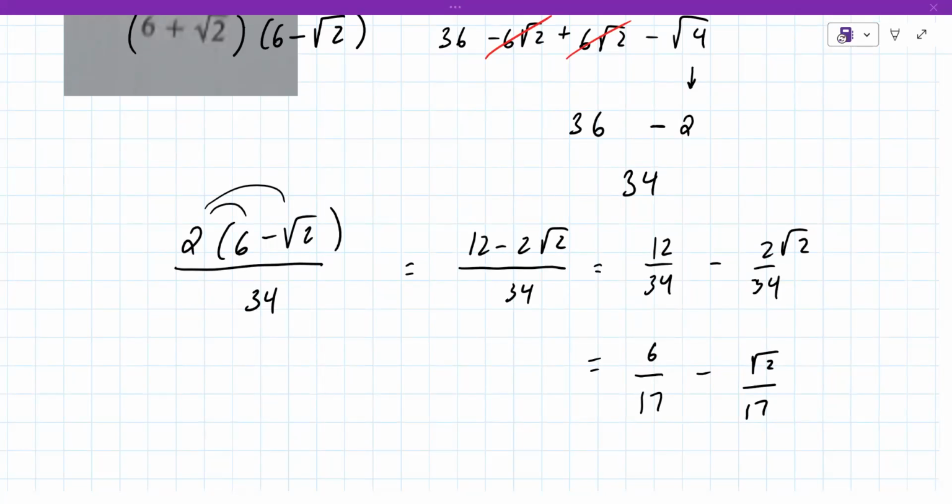Okay. So yeah, we divide those. But that was 2. Yeah. Okay. Good. Making sure I have everything correct. All right.